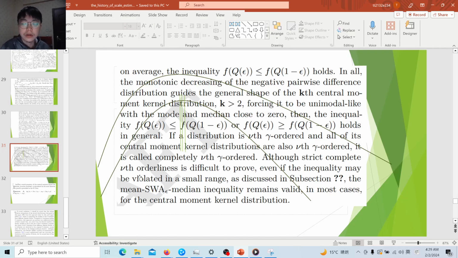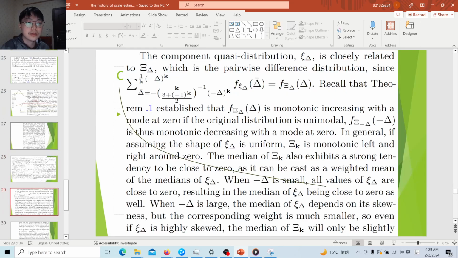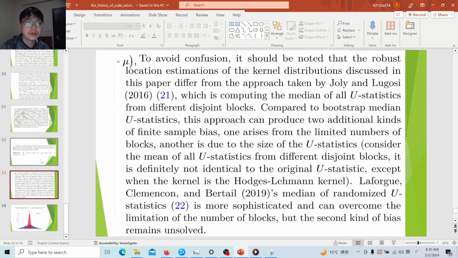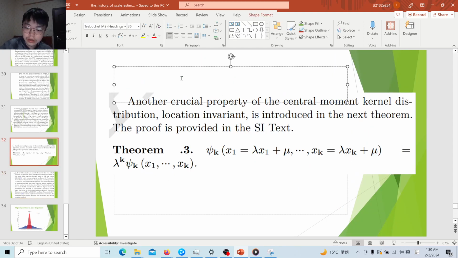So this guarantees the validity of our approach of using a robust mean estimator to estimate such a kernel function. Another very important structure is that the central moment kernel distribution is location invariant, and we can also prove that, although it is pretty complex and I'm not sure here. This location invariance makes it possible to define estimators.